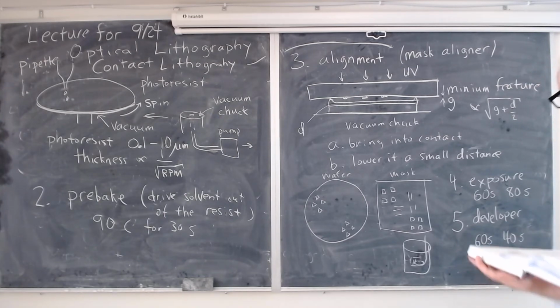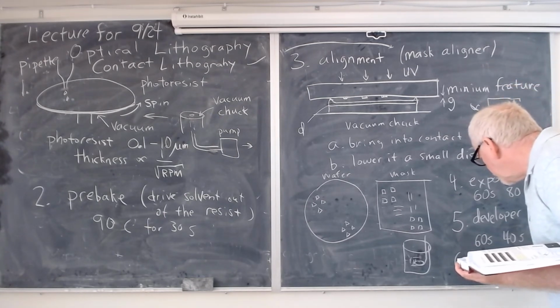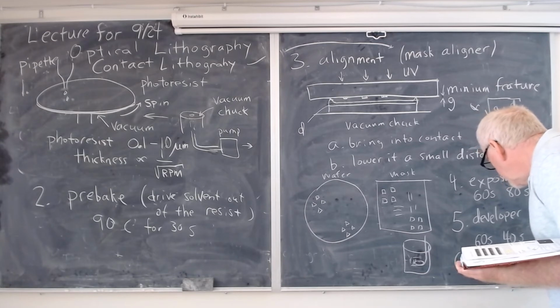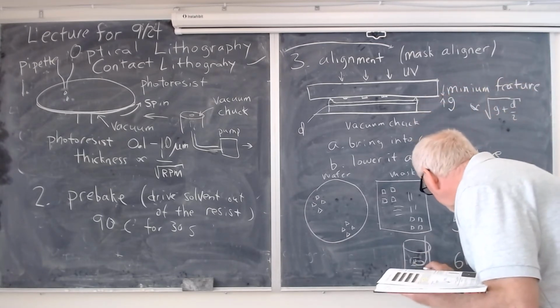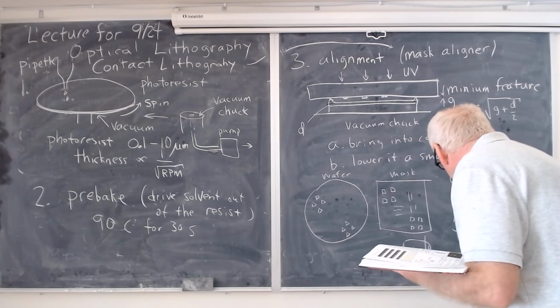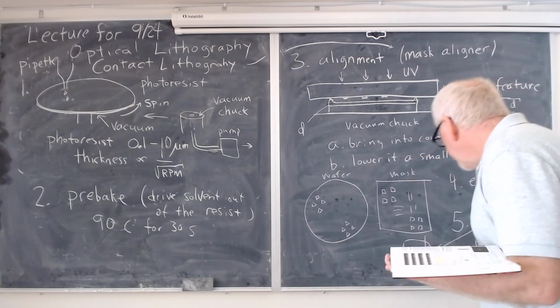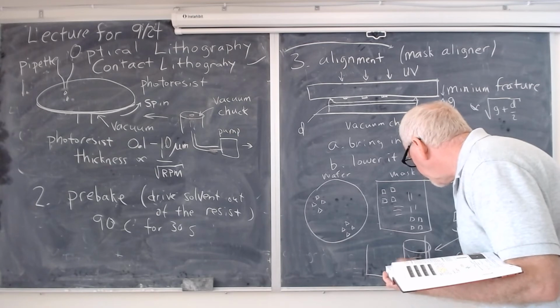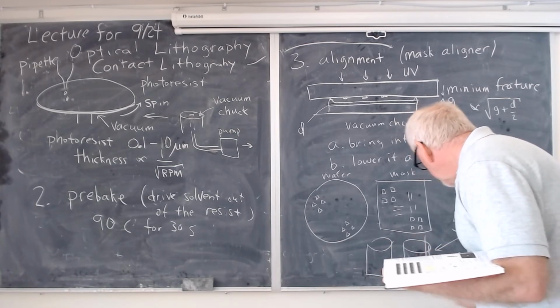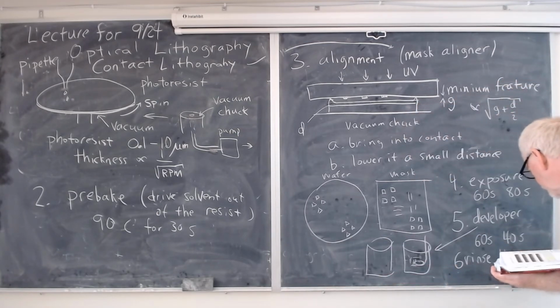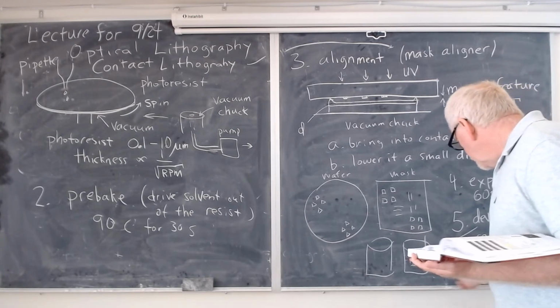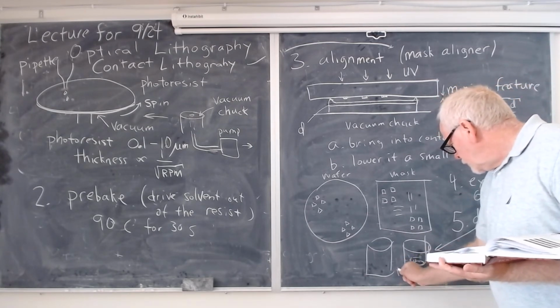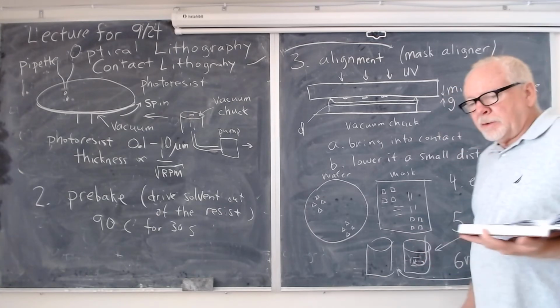And then you rinse. And that itself, so if this is the developer, you then have another beaker here, which is in water. Now, of course, this is deionized water. And even that can be an art form.